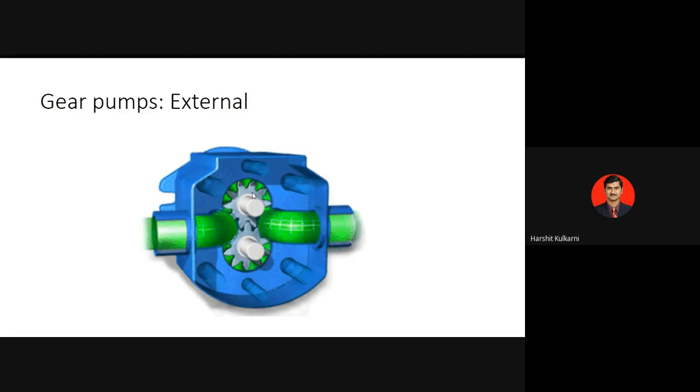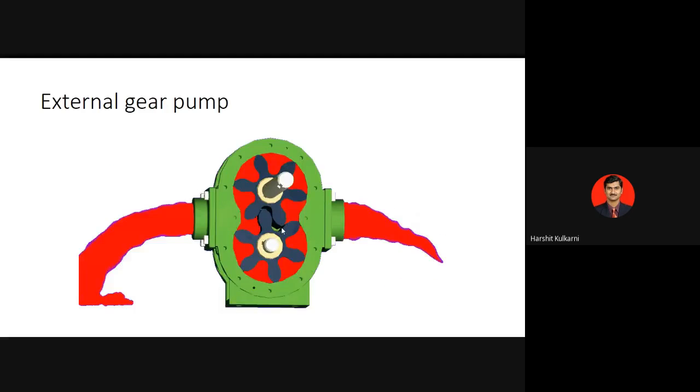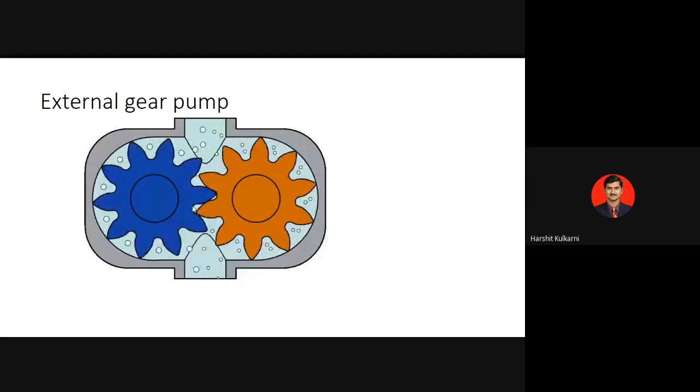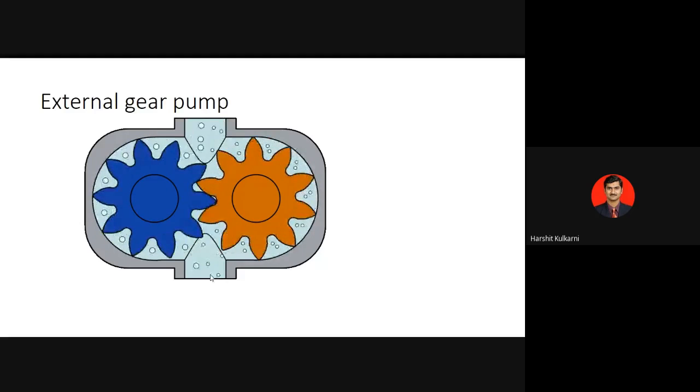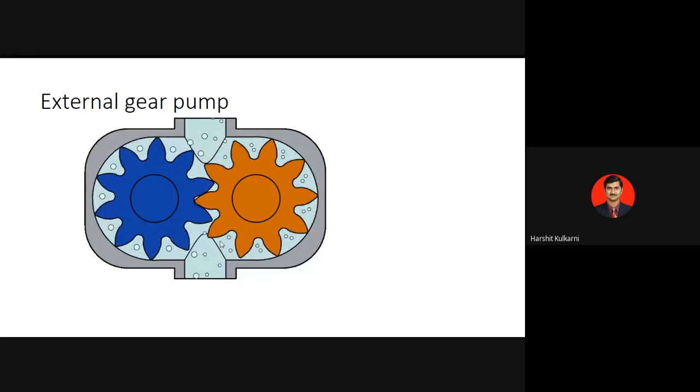Similarly, you can see another diagram wherein the external gear pump works like it will suck the fluid inside, carry it all along the annular spaces and push it out. So that kind of pump we call an external gear pump. Similarly, we can have an internal gear pump. So this is another diagram for the external gear pump. You can see at the lower side, you have the suction that is generated. Why is suction generated here?